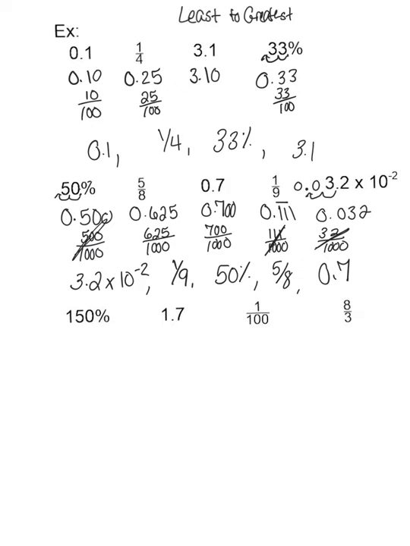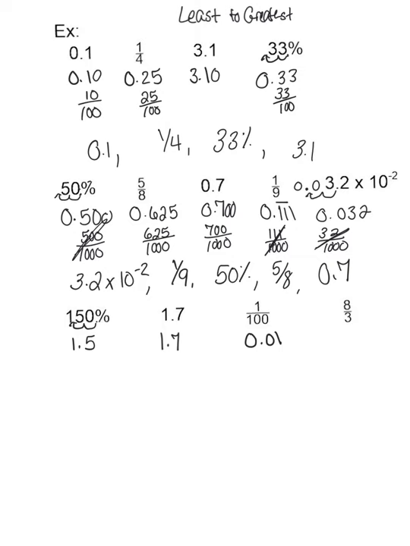Okay, let's look at this last one. We have 150%. It's understood that the decimal is here at the end. Move that back 2 places. I'm going to have 1 1/2. Here I have 1 7/10. Here I have 0.5 and 0.01, that's 1/100th.